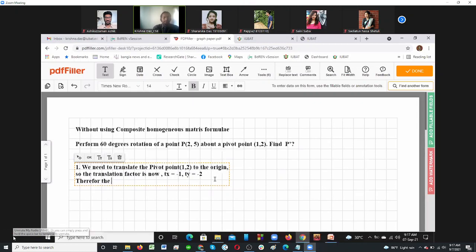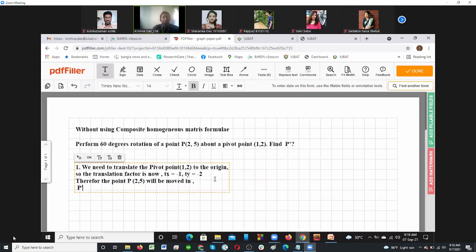Therefore the point P is my object, which is 2 and 5. What should be the new position at this moment?